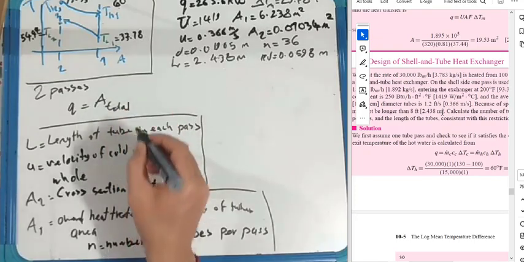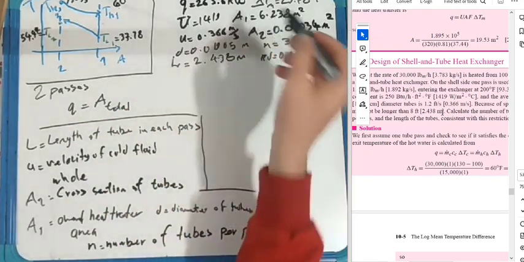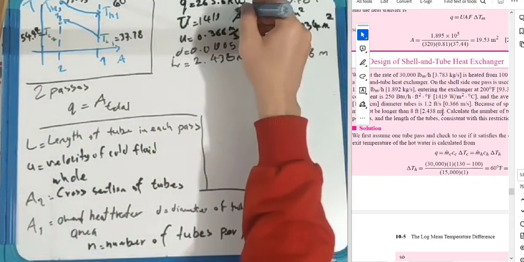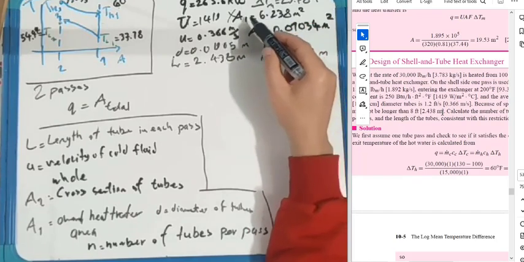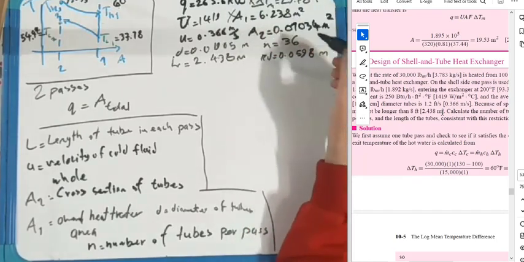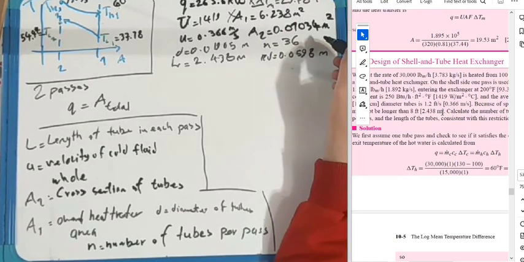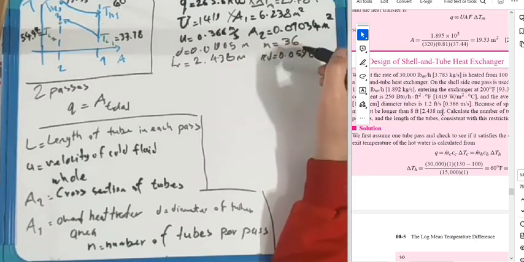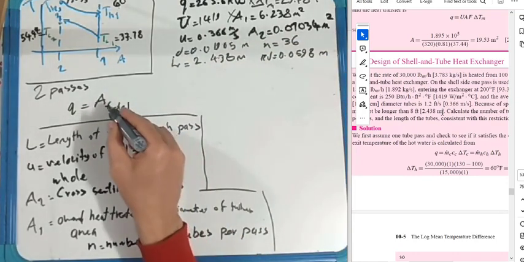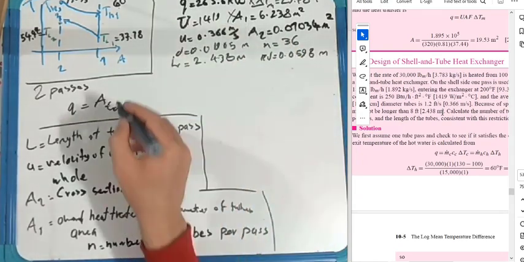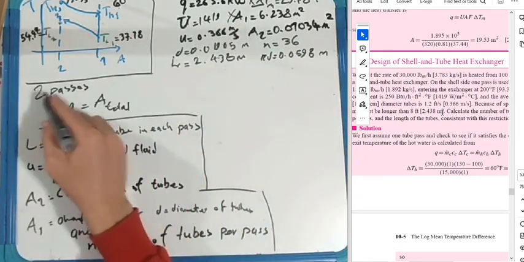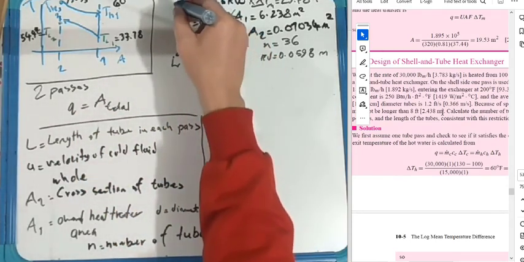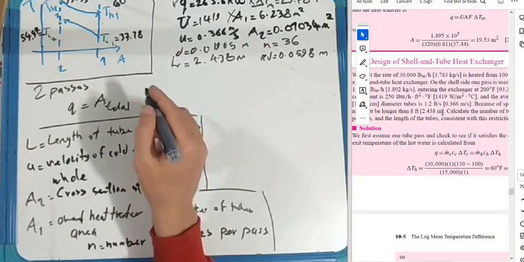A, we named it total. This is A1, but this A1 will change. This is for one pass. Then I should change the overall heat transfer area for the two pass condition. Okay, but Q is the same at any condition.